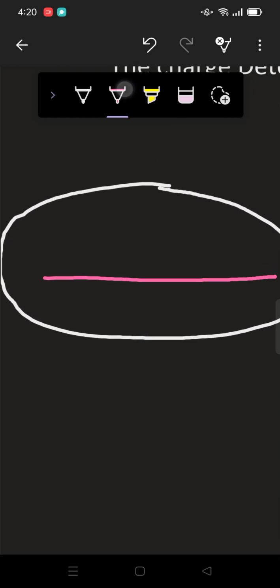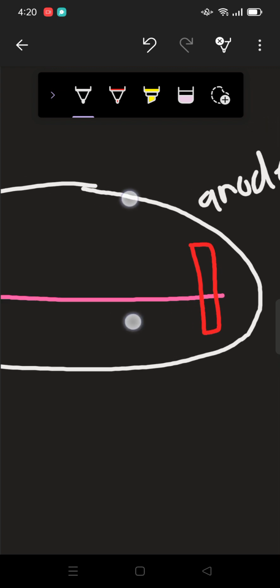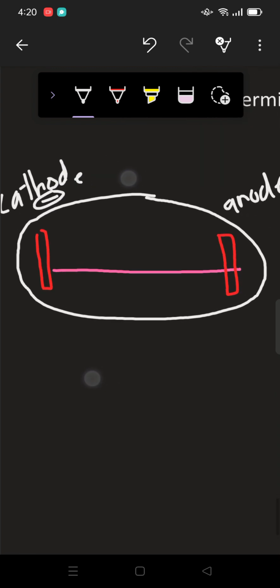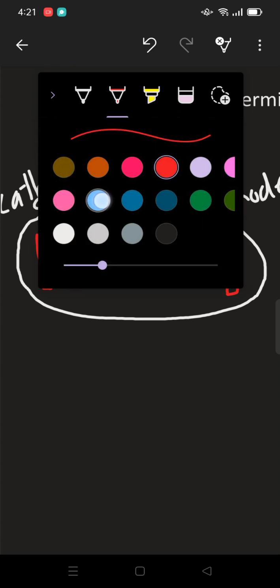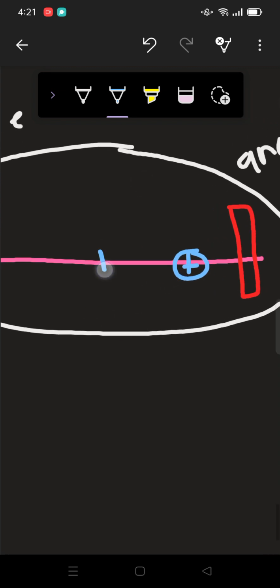Here I have the electrodes, which are the cathode and anode. Anode is the positive charge, and this is the cathode, the negative charge. Now we know that the positive rays will be moving from anode to cathode, so they are going to follow a straight path.